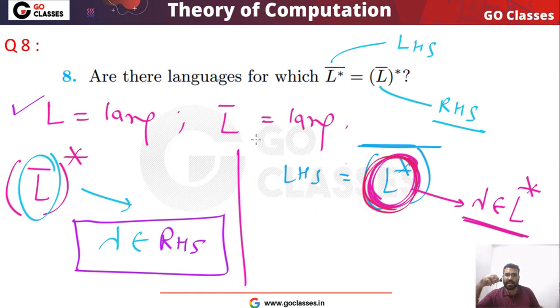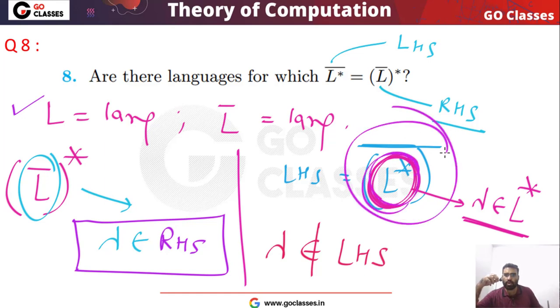If in this language the empty string is there, then I can definitely say that in the complement the empty string will not be there. So the empty string will not be there in this LHS. Because I'm saying in this L star the empty string is definitely there, and if the empty string belongs to this language, then the empty string does not belong to the complement.